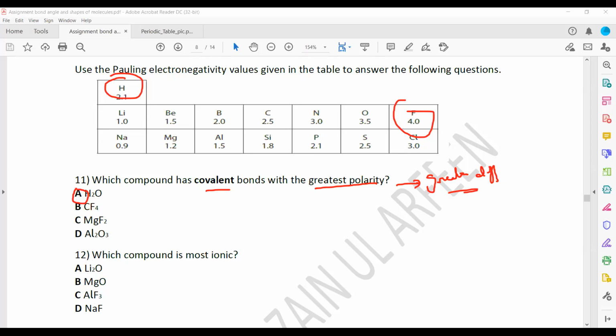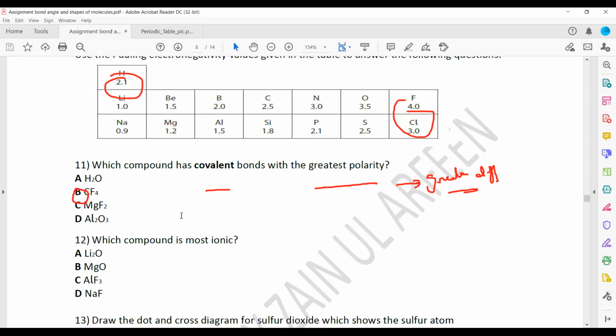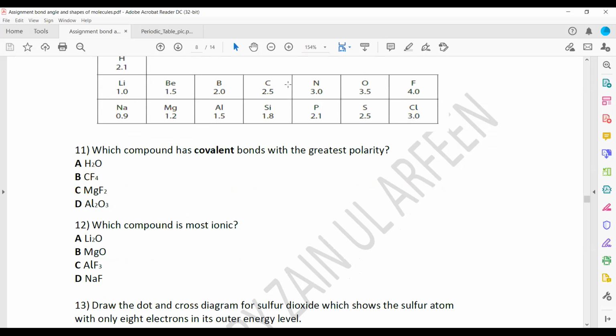When we check the difference in electronegativity, which has the greatest difference? When you check sodium with fluorine, that will have a greater difference. When the difference is greater, the electrons are actually transferred and this will be the most ionic.